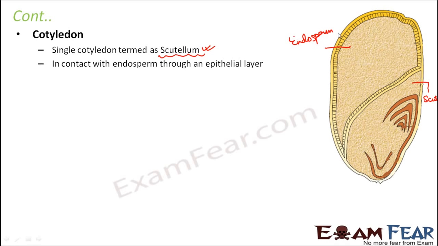If you see, the endosperm and cotyledon are connected to each other through a layer, and this layer is the epithelial layer.